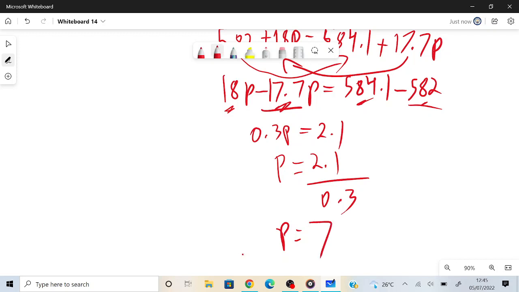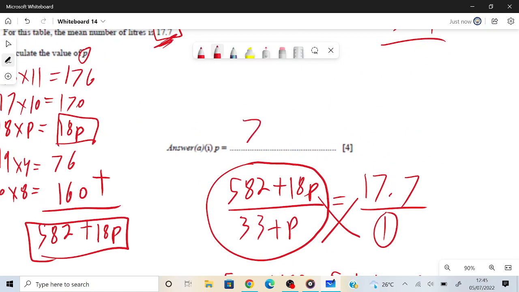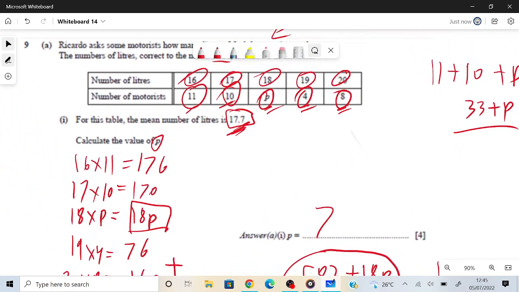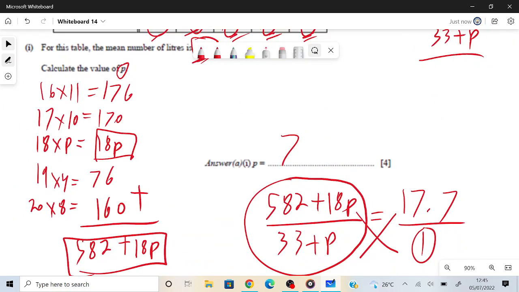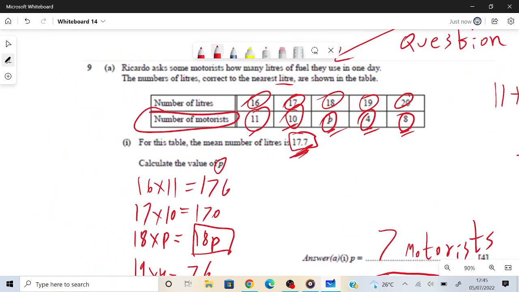So P is 7. And since it is the frequency, you could write 7 motorists as a unit, because the frequency is simply the number of motorists, as it said over here.